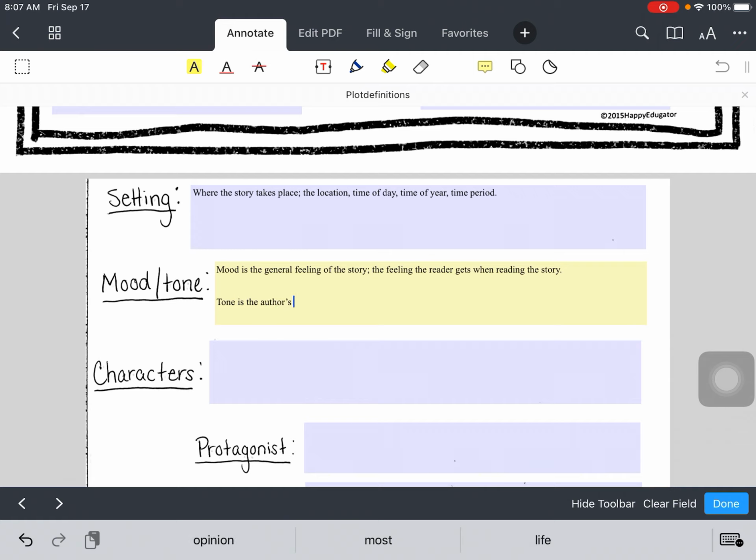Tone is the author's feelings towards what is happening in the story. And sometimes it's hard to pick up on tone, but if the author clearly thinks that something is good or bad, they will change the tone of how they're writing in order to indicate what their feelings are about what is happening or about a situation.